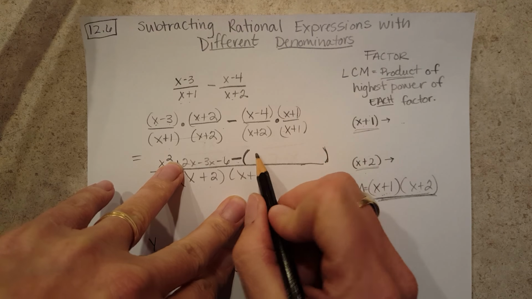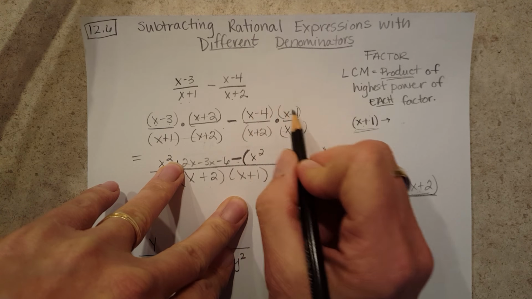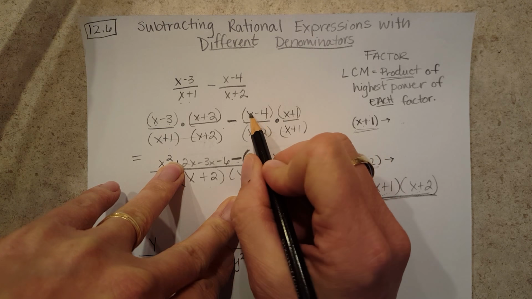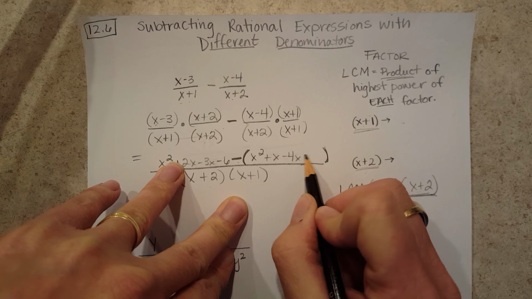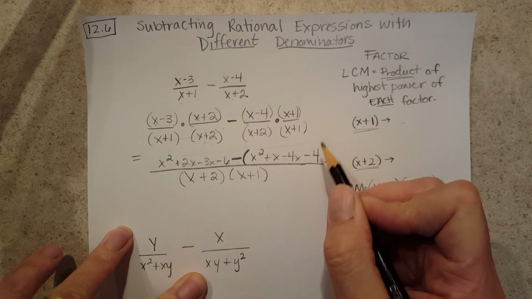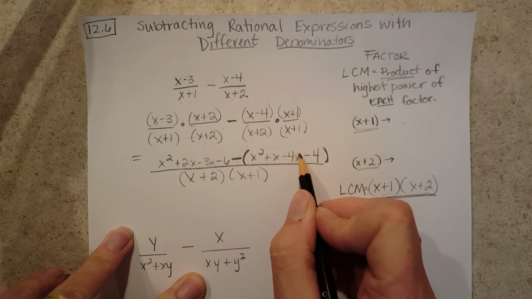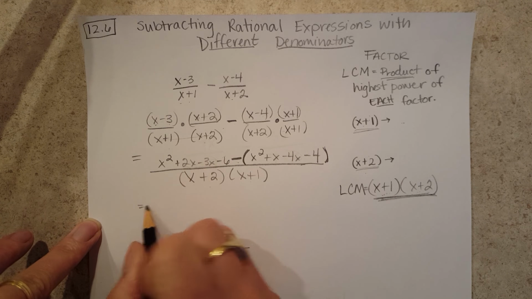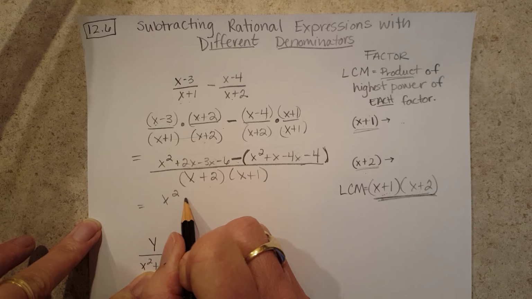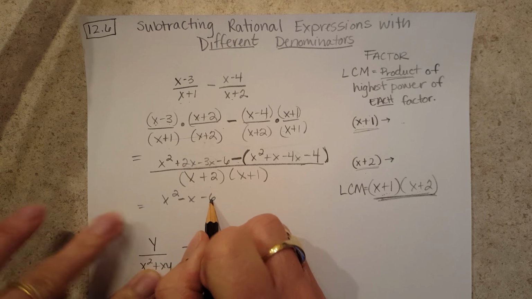So let's FOIL here. And now we can combine like terms here, right? And here. Some of you can do that in one step in your brain because you're better than I am.